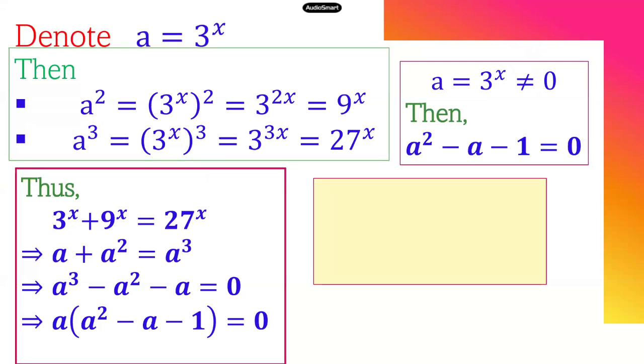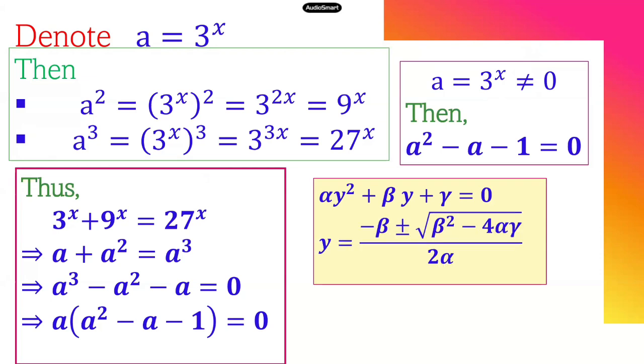Now this is a quadratic equation, and to find the roots of the quadratic equation, we will use this formula. If you have the quadratic equation αy² + βy + γ = 0, then y = (-β ± √(β² - 4αγ)) / 2α.